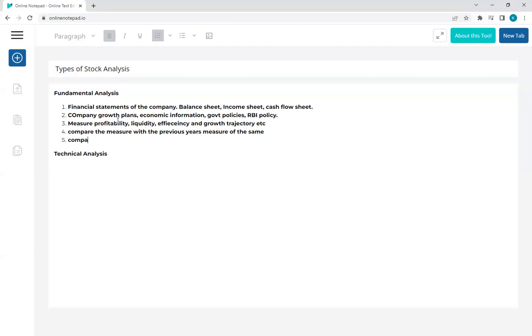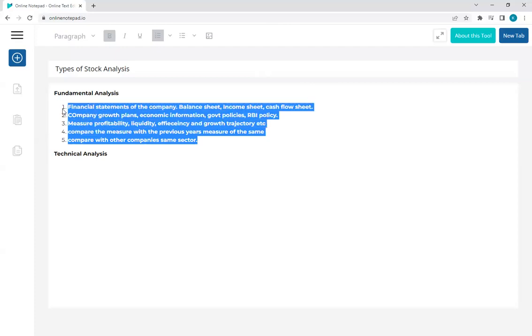Also, he will compare with other companies in the same sector. We will see whether the growth of the company is beating the market or not, and whether it is competing with other companies or not. So this all comes under fundamental analysis.